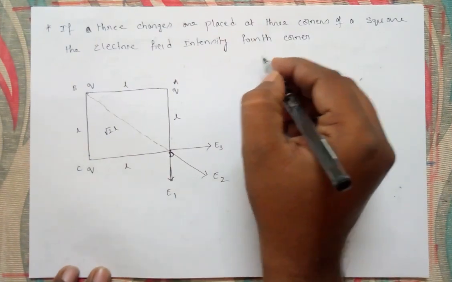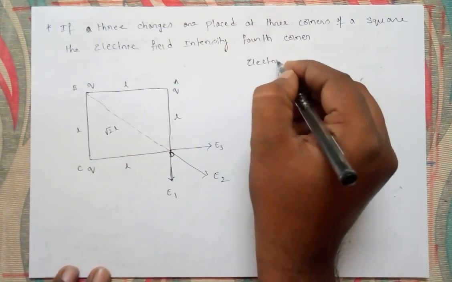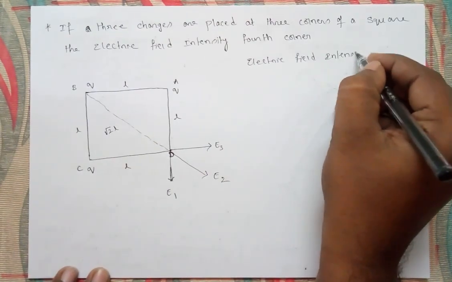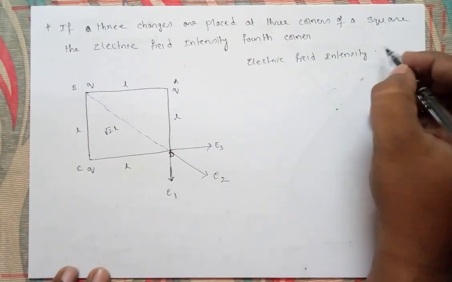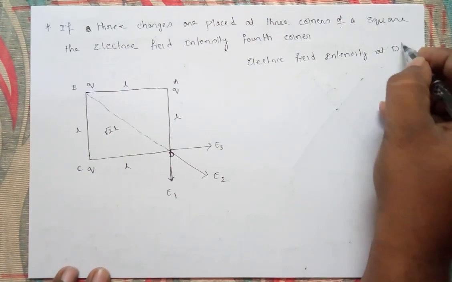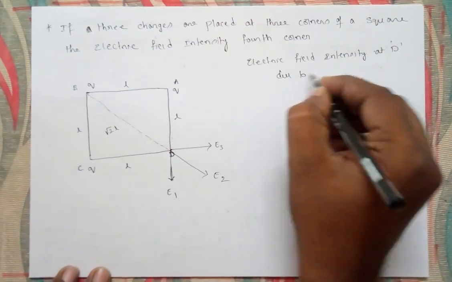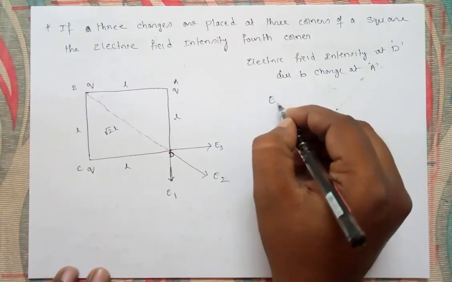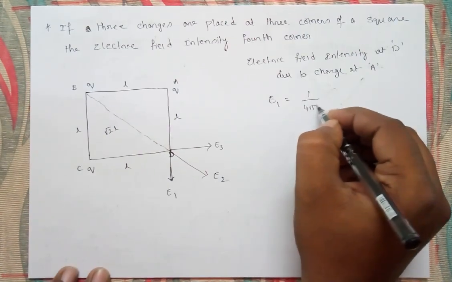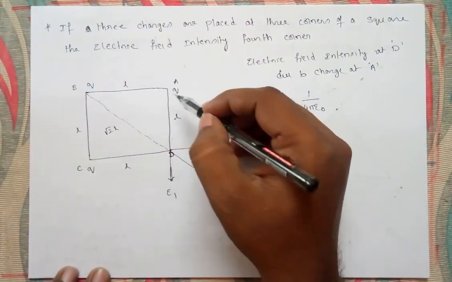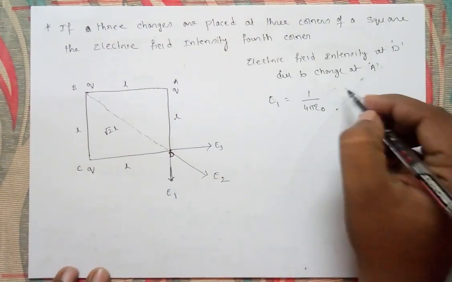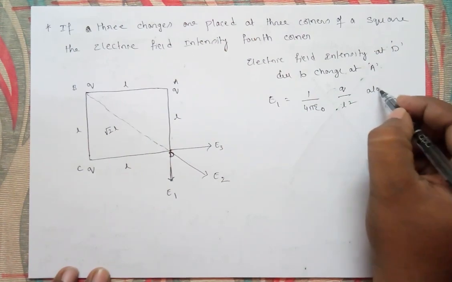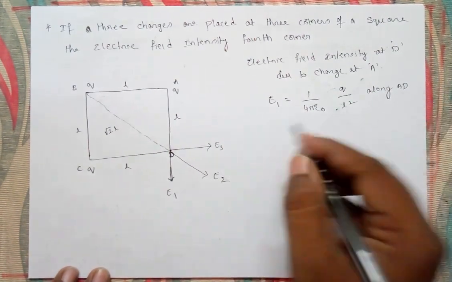The electric field intensity at D due to the charge at A, E1, equals 1 upon 4 pi epsilon naught, charge Q and distance L, so Q by L square, along AD.